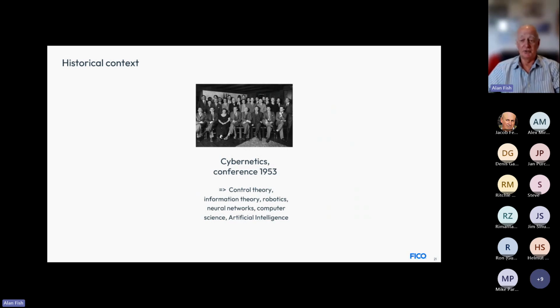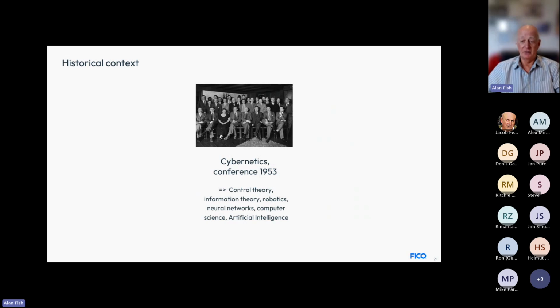So there's a huge bevy of very clever people here, and they're discussing the principles of the use of information feedback for control in machines and living systems. So they're interested in how the same principles might be operating in both of those domains.